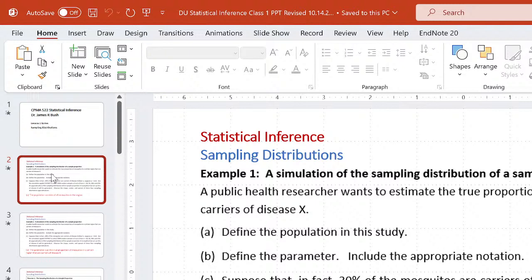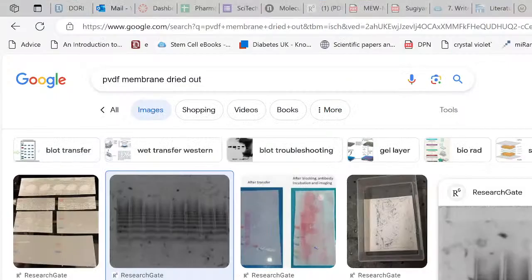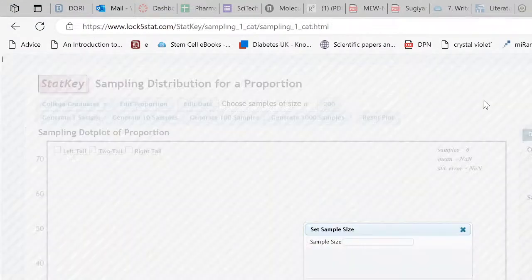Now I'm going to go to a lovely simulation package, StatKey. I like this one better. Yeah, we're going to be using this a lot too.